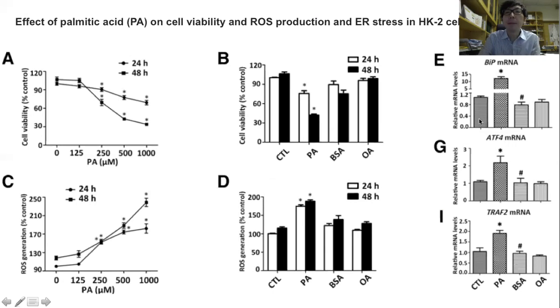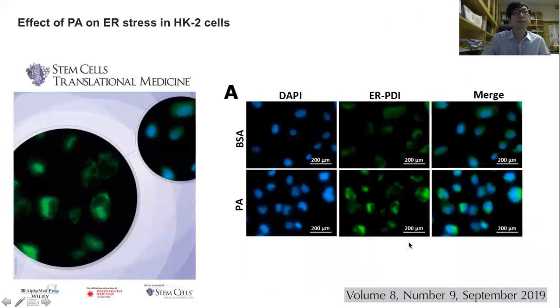And here on the right-hand panel, you would also see that exposure of these cells to palmitic acid leads to ER stress, endoplasmic reticulum stress, as shown by the elevation of these ER stress markers. Here is a diagram to show the increased ER stress in the HK2 cells.